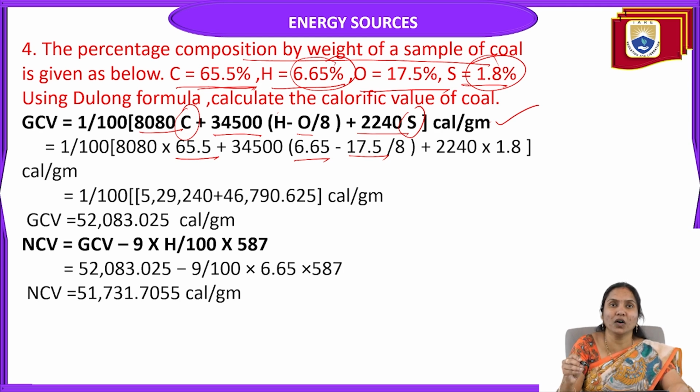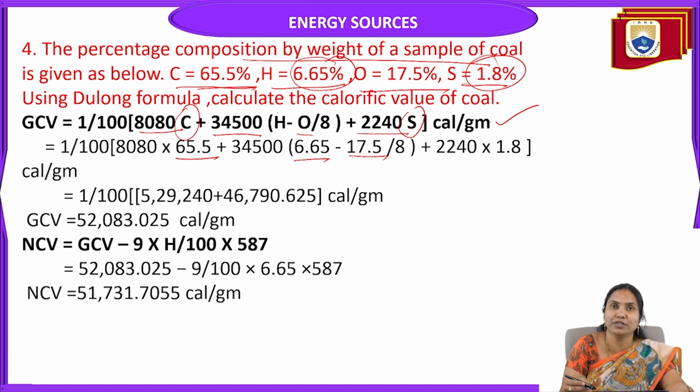So we substitute all the elements, that means carbon, hydrogen, oxygen, sulfur, with the percentage present in the given data, in this Dulong's formula for high calorific value of the given fuel.